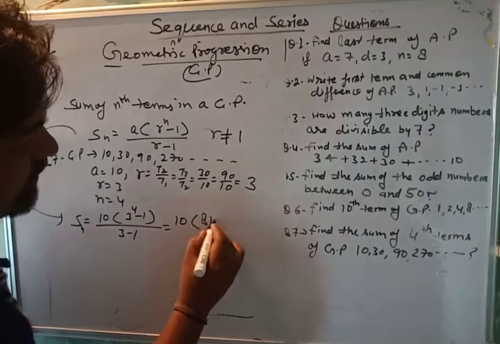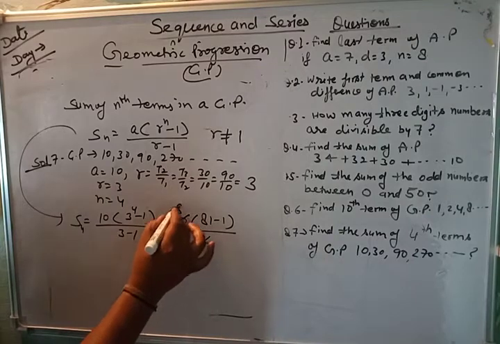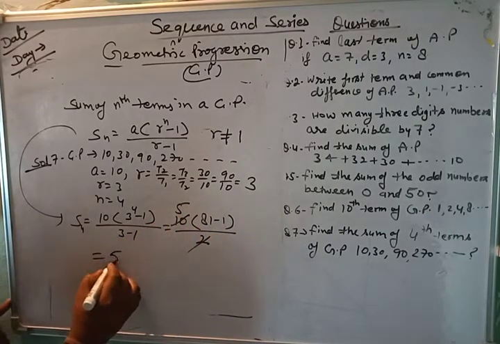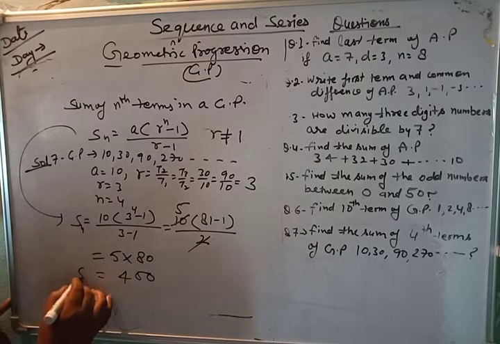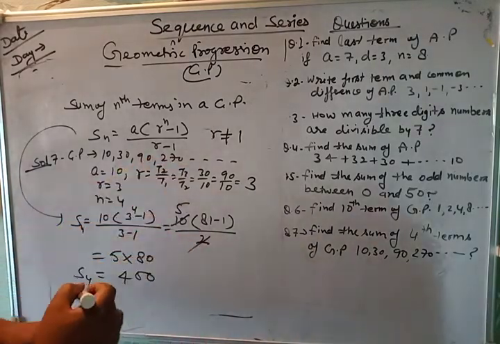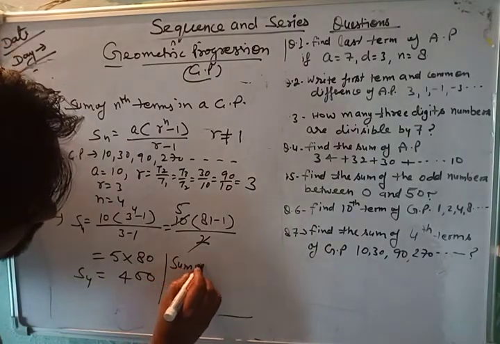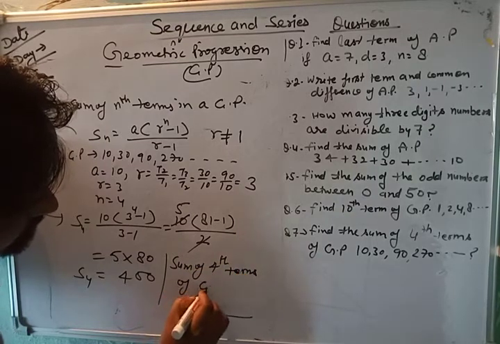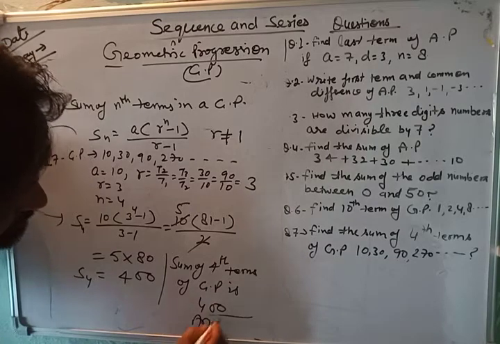So 81 minus 1 by 2 is 5 times 80, the answer is 400. So the sum of 4 terms of this GP is 400. It is the answer.